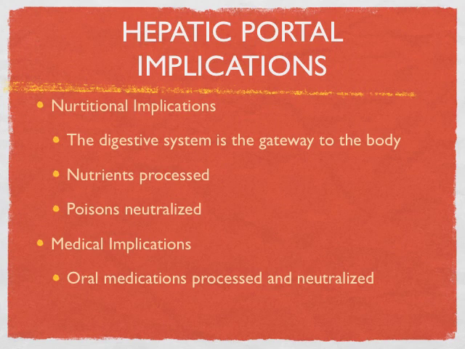So anything that is an oral medication has to be clearly thought about in terms of its dosage and what it's going to do to the liver, because all roads, all veins from the digestive system do not lead directly back to the heart. They lead first to the liver and then back into general circulation. Okay?